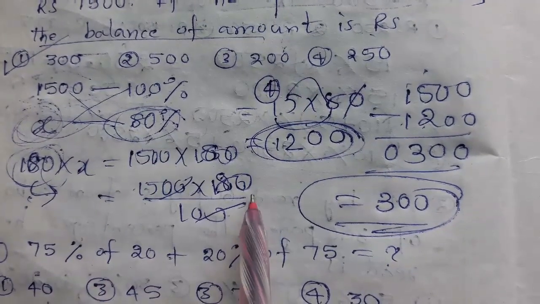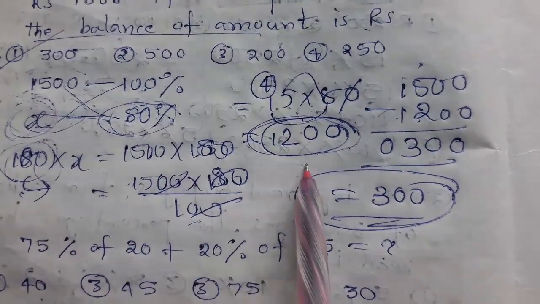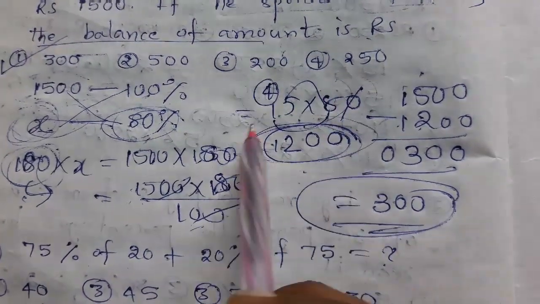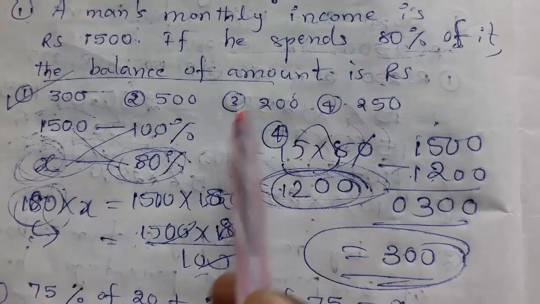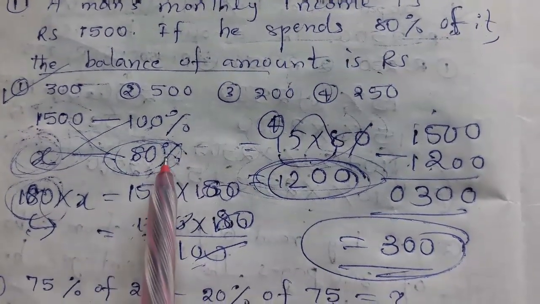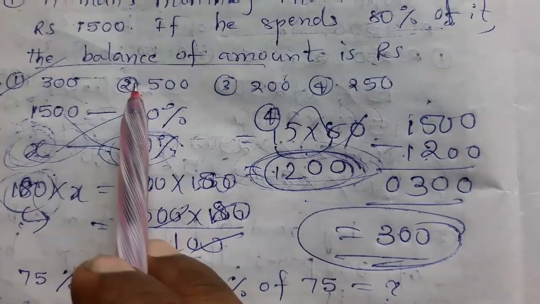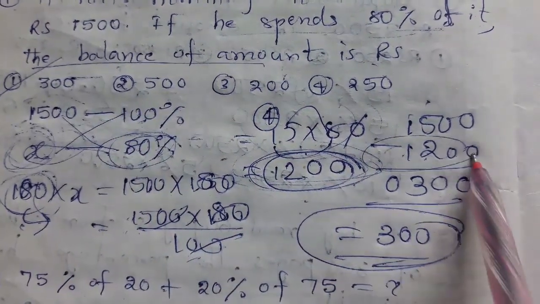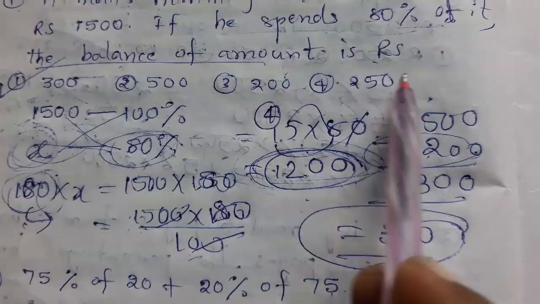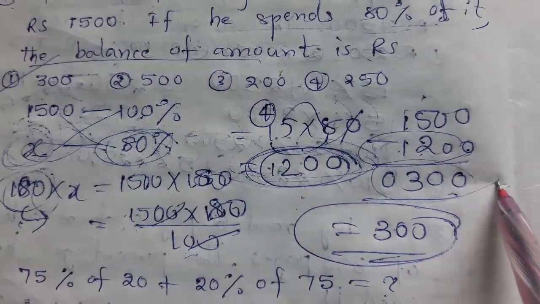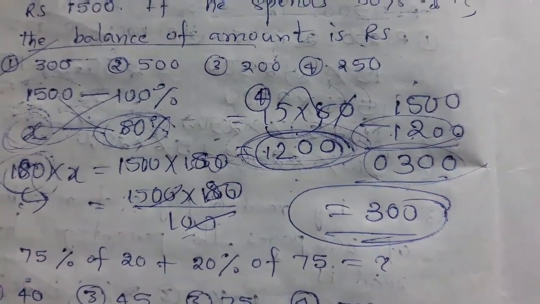So 1500 into 80 by 100, two zeros cancel, then 15 into 80 gives 1200. That is the spent amount. Total amount minus spent amount gives the balance, so 300 is the answer of the given question.